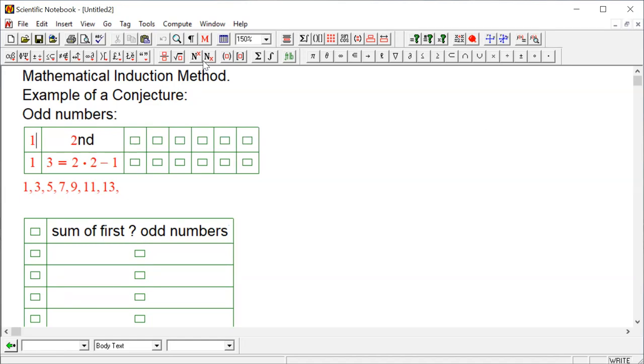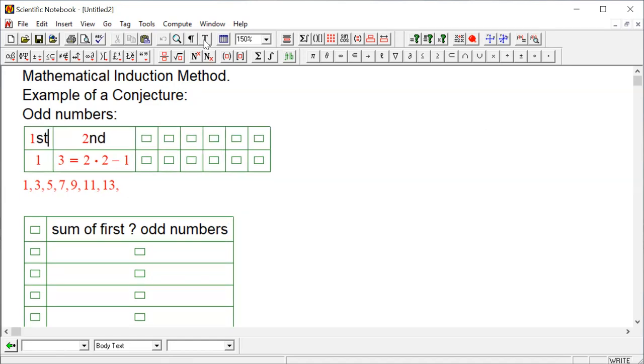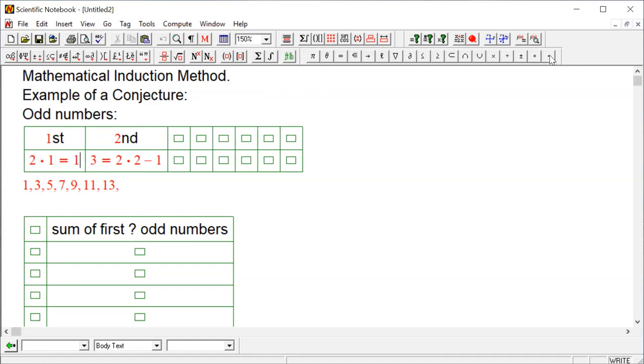The first one, just follow me very carefully, is 2 times 1 minus 1, which equals 1. Because we're showing you a pattern of these odd numbers, the first one is the first times 2 minus 1.